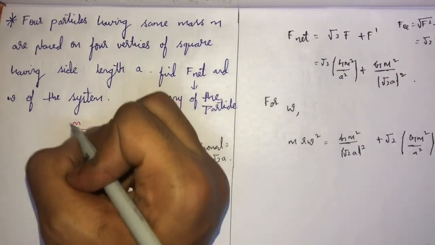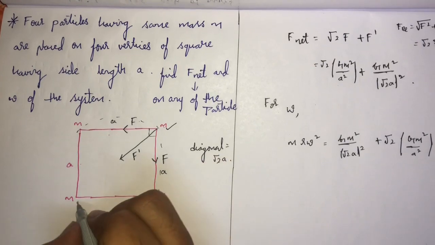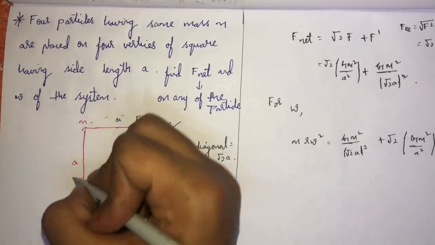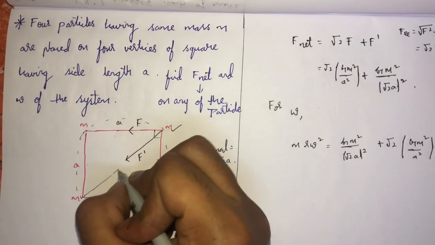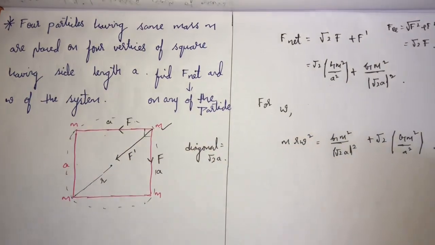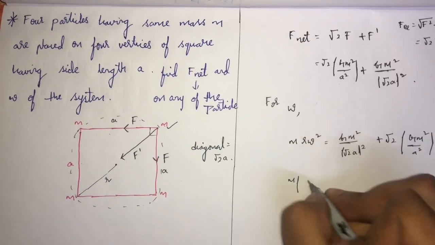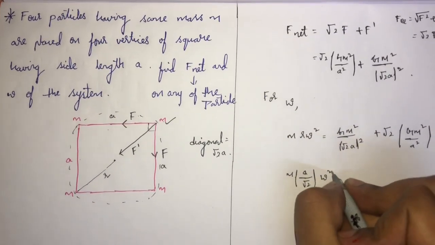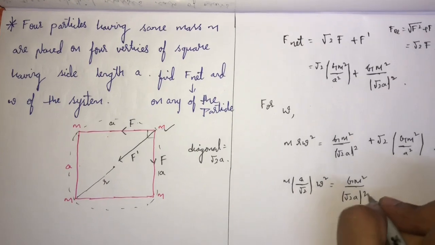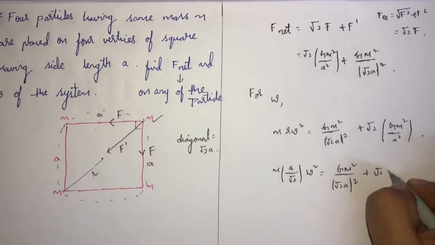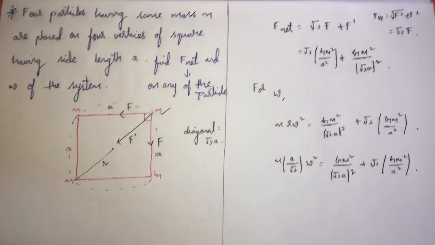If the total system is rotating in a circle, then this will become a circle, where r, the radius of the circle, will be half of the diagonal length. So the value of r will be root 2 a by 2, that is a by root 2. Omega square will be equal to GM square by root 2 a whole square plus root 2 GM square by a square. Simple, that's it. Clear.